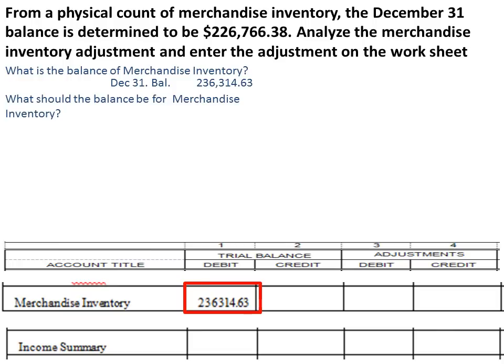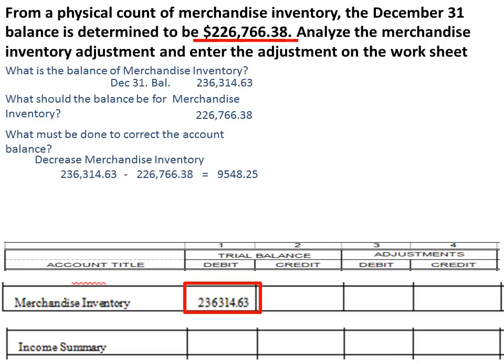What should the balance be? Once again, a very similar question to the last lesson we did. The balance should be, it's up there in the transaction, $226,766.38. So now we need to ask ourselves what must be done. If we started with $236 some odd in merchandise inventory and ended with $226 some odd, it's pretty obvious to see that it decreased.